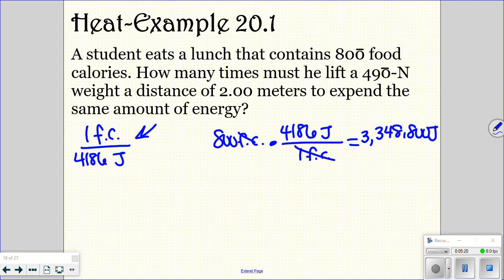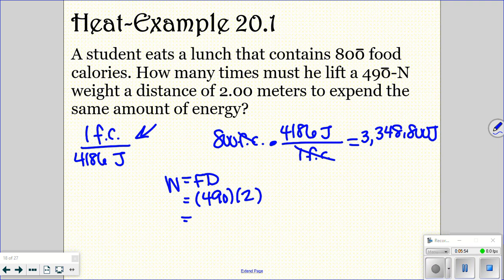And then it says, how many times must he lift that force a distance of 2 meters to expend the amount of energy that he consumed. So our work is equal to force times the distance, and our force is 490, and our distance is 2.